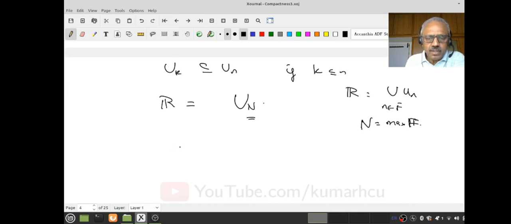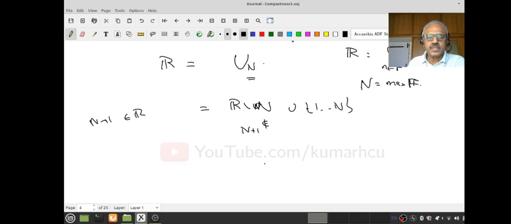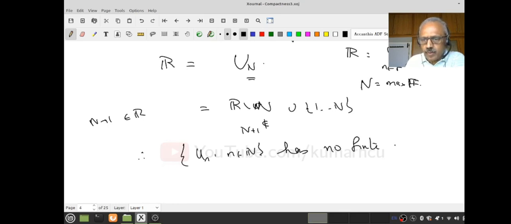But this is wrong, because this is nothing other than R minus N union 1 to N. Therefore N plus 1 is in R, but N plus 1 does not belong to this. Therefore what do I conclude? Therefore U_n has no finite subcover. So R does not admit a finite subcover either.